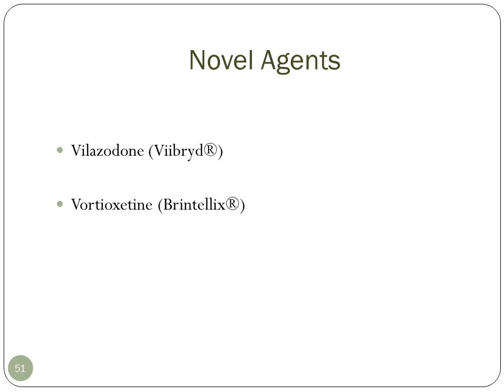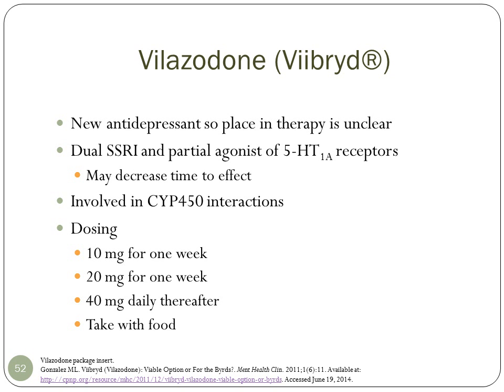We're going to conclude by talking about a couple of the newest agents on the market, vilazodone and vortioxetine. Vilazodone is a fairly new antidepressant, so its place in therapy is really unclear. We do know it's expensive, so it may be worth trying if a patient has good insurance and has tried multiple other agents, but it may not be the best option if a patient is paying out of pocket.